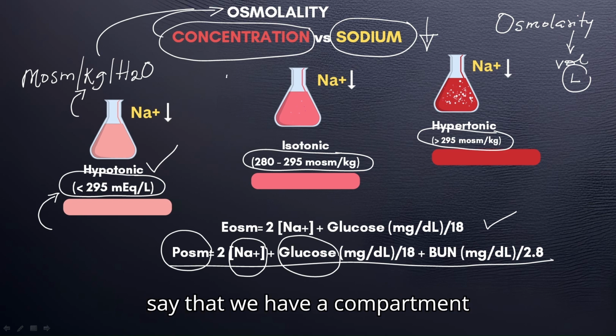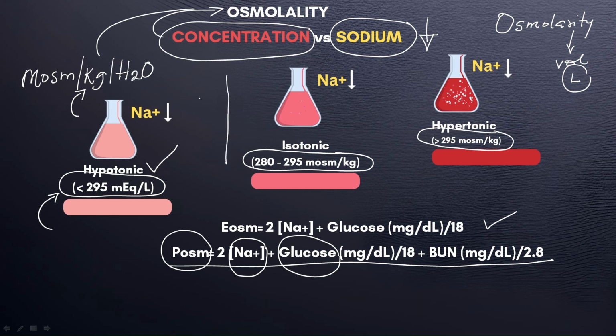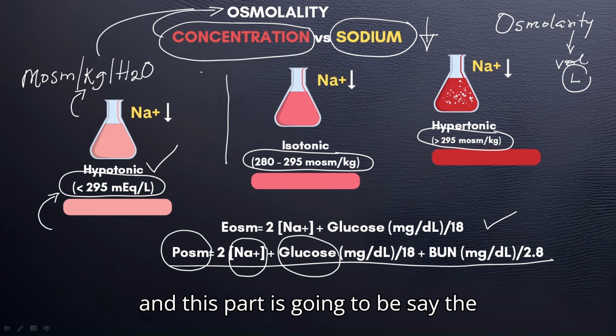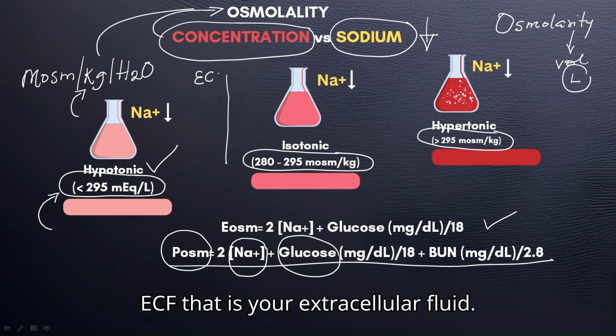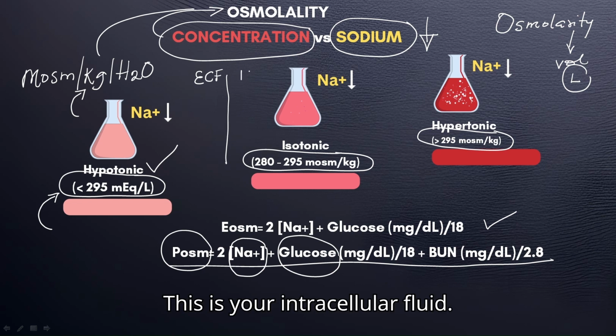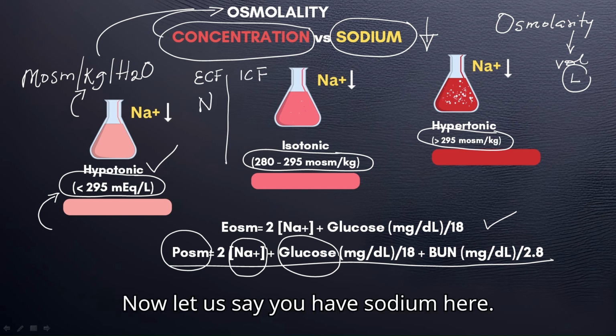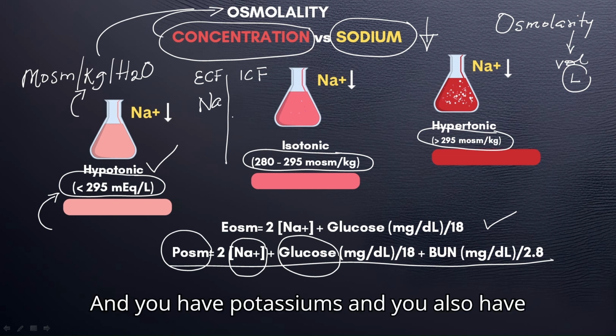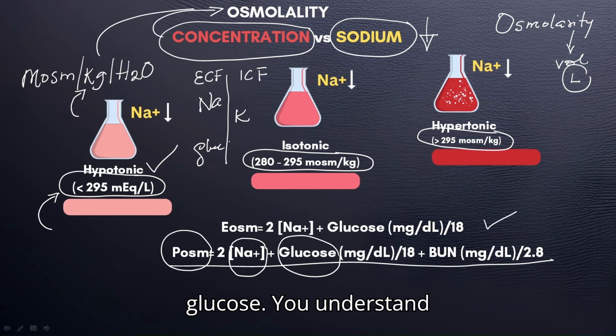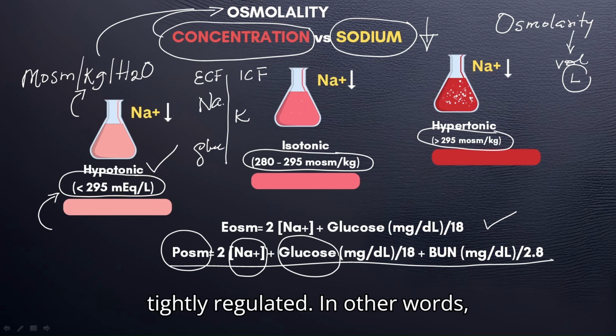Let us say that we have a compartment, and this part is going to be, say, the ECF, that is your extracellular fluid, and this is your intracellular fluid. Now, let us say you have sodium here, and you have potassium, and you also have glucose. You understand that these solutes are tightly regulated.